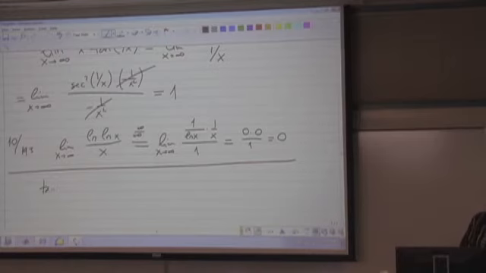So hyperbolic tangent of x is defined to be e to the x minus e to the minus x, divided by e to the x plus e to the minus x. Right? Okay, so hyperbolic tangent of 1 is just going to be e minus e to the minus 1, divided by e plus e to the minus 1.